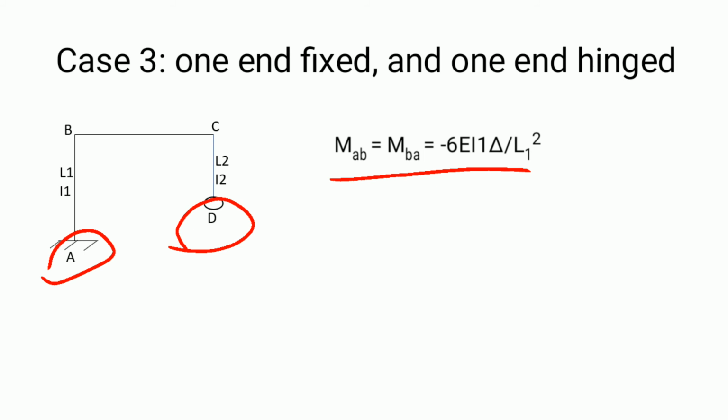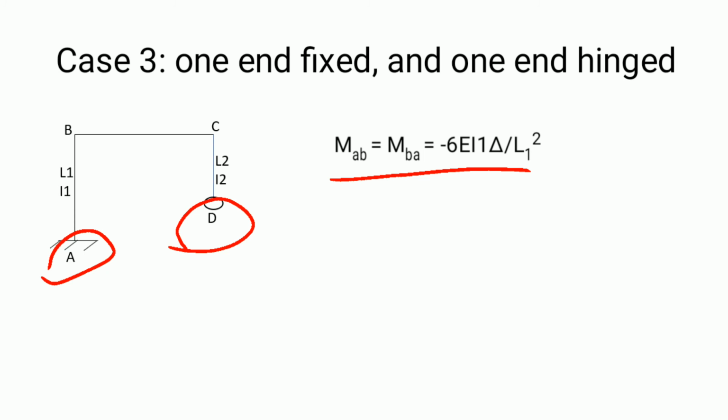In the previous slide we studied that when the end is fixed, the moment is equal to minus 6 EI delta divided by L square.